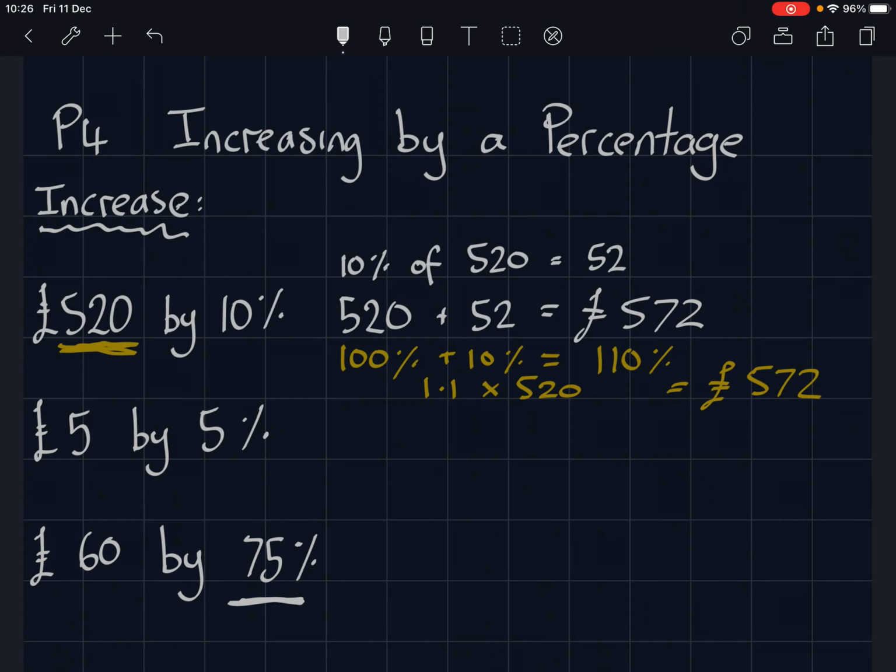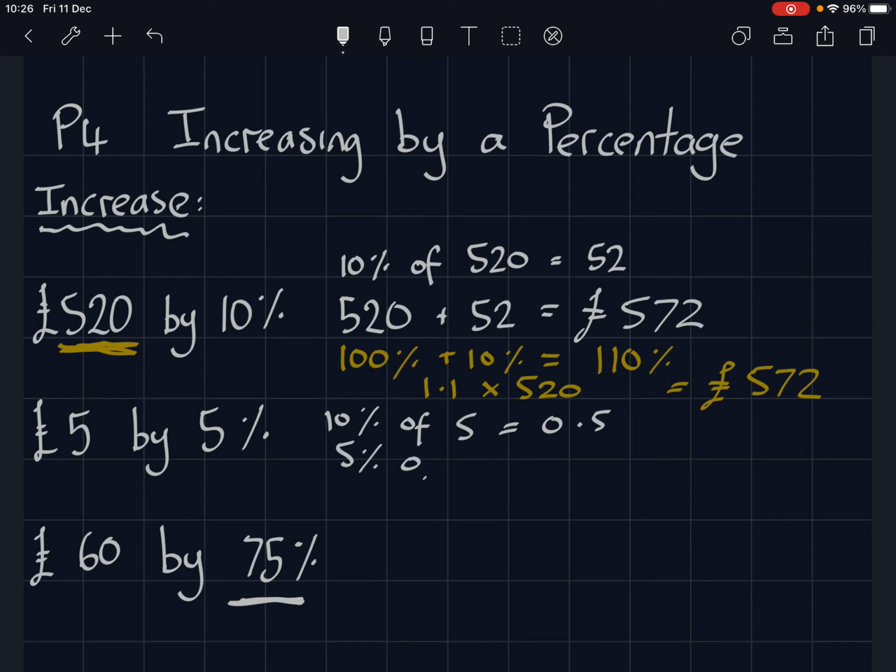5% increase of £5. So I'm going to start by saying 10% of 5 is 0.5. It's 50p if it was money. We then need to half that to find 5%.